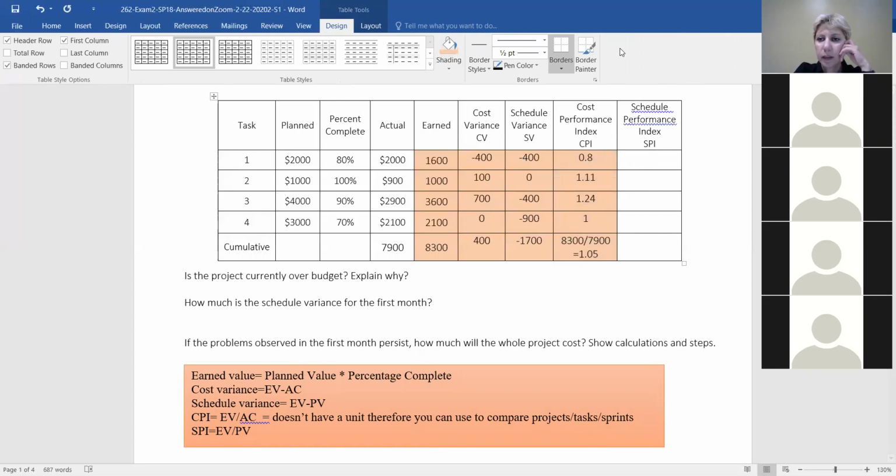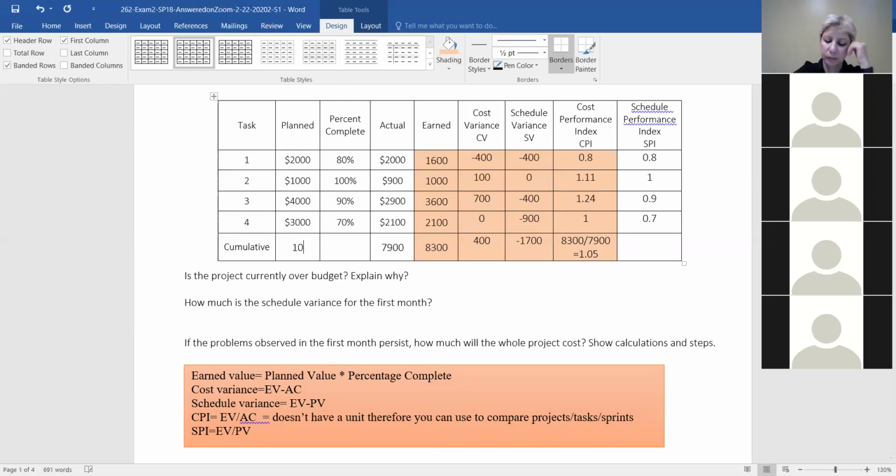So I'm gonna go to the next one on my list, who is Austin. Austin, go ahead, do the calculation of SPI if you would. There's 0.8. That would just be 1. 0.9. 0.7. Can you give us an overall as well? Yeah, let me add 4, 5, 6, 7, 8, 9, 10.